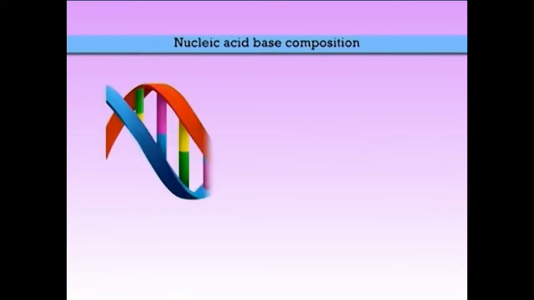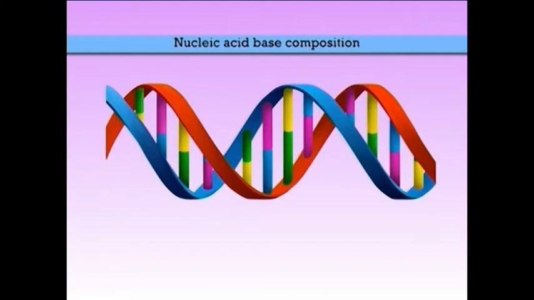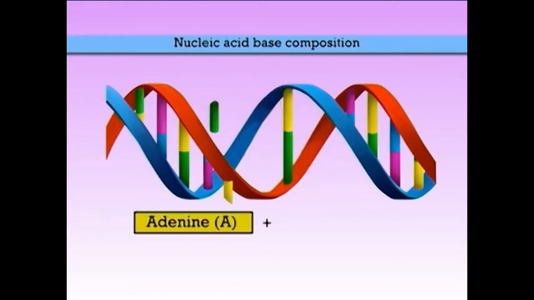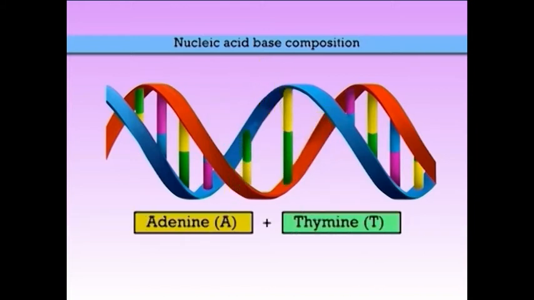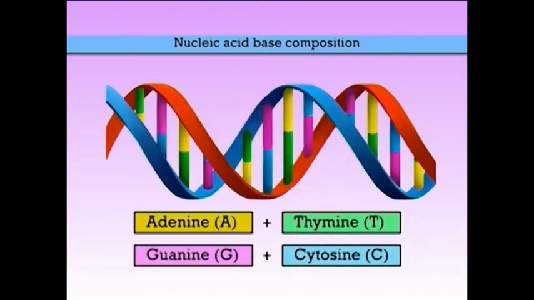Next, we'll see the nucleic acid base composition. In this technique, the DNA base composition is determined. And we all know that in double-stranded DNA, adenine pairs with thymine and guanine pairs with cytosine.